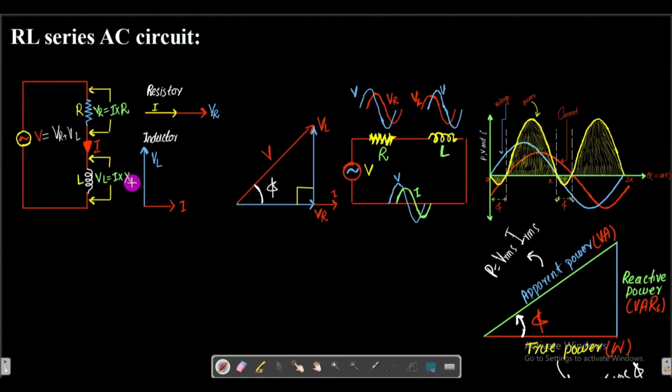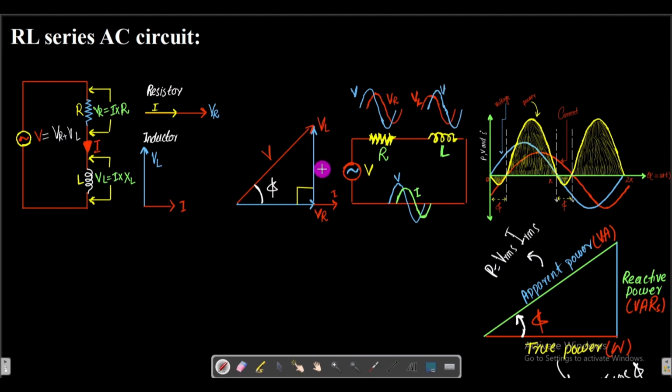Here I am going to add this V of L with this V of R, so I am taking this vector and bringing it here, and the tail of this vector we will connect with the head of the first vector.